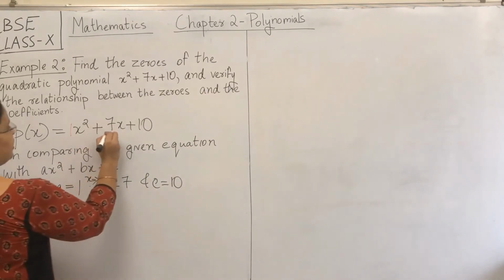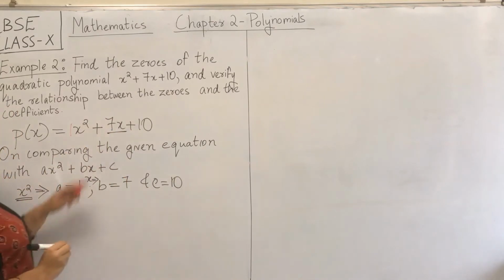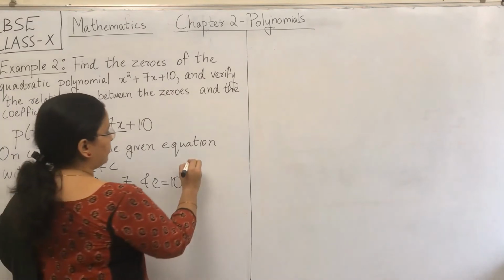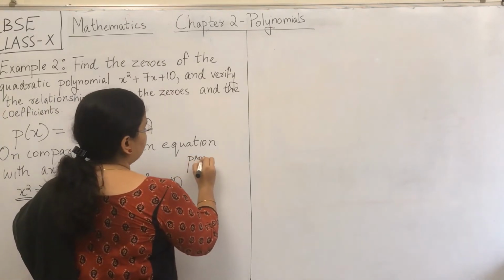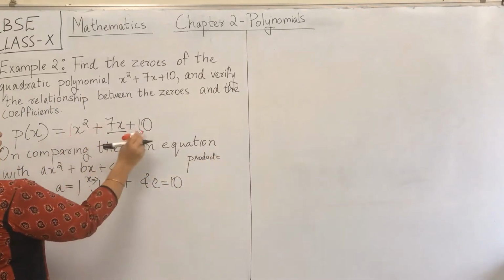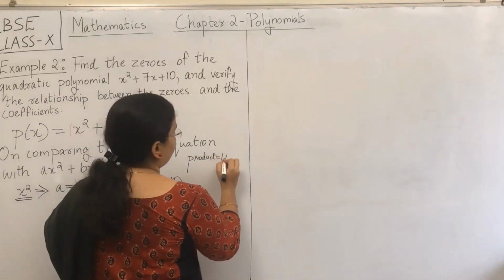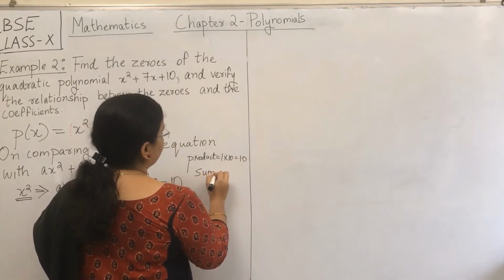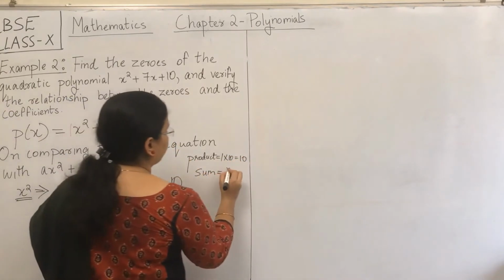Now we can split the middle term. For that we need to get the product as 1 into 10, that is 10, positive 10, and sum as 7, right?